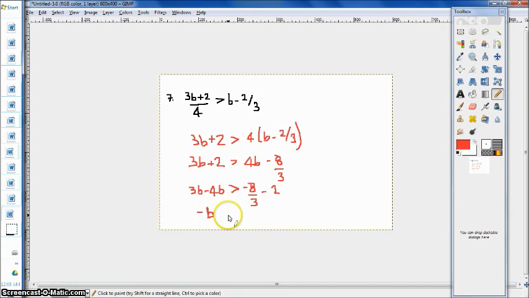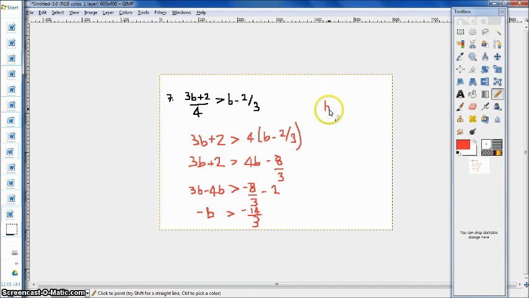So negative b is greater than, this is 3, this is 6, negative 8 minus 6 is negative 14, over 3.